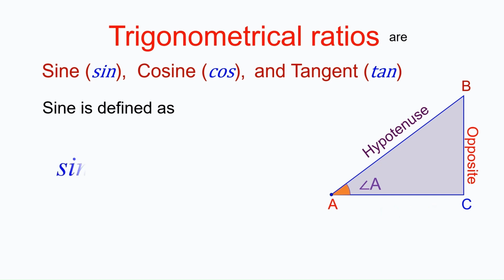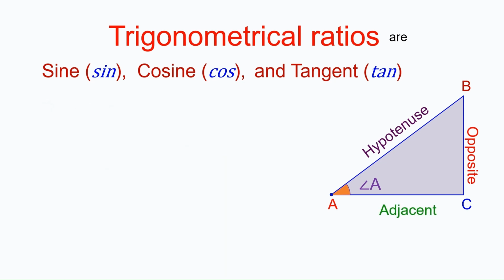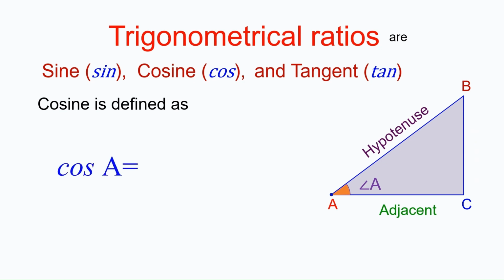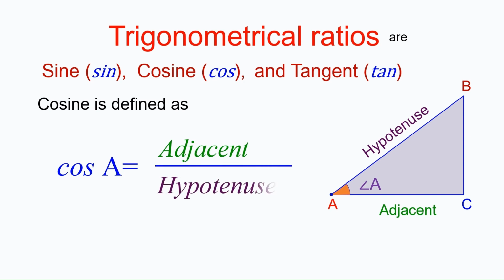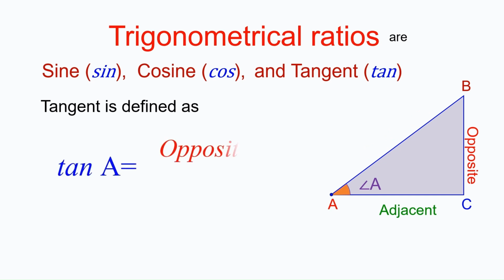Sine A is defined as opposite divided by hypotenuse. Cosine is defined as adjacent divided by hypotenuse. And tangent of A is defined as opposite divided by adjacent.